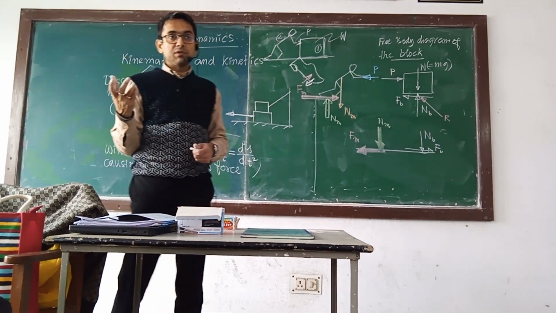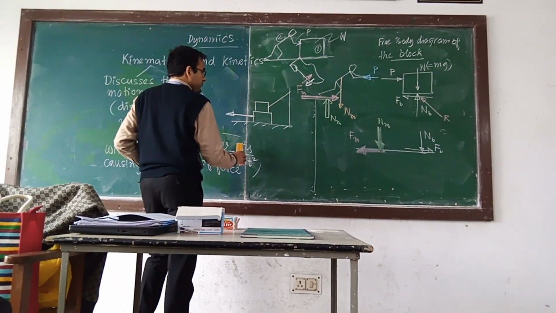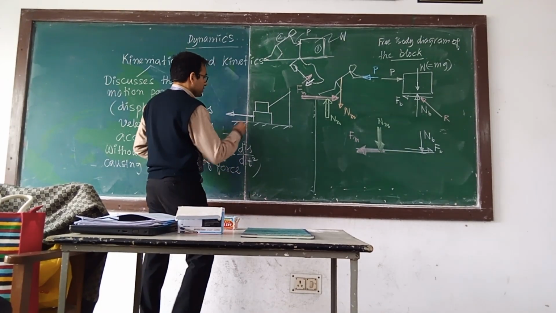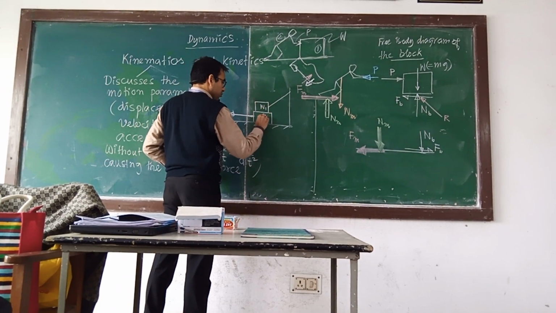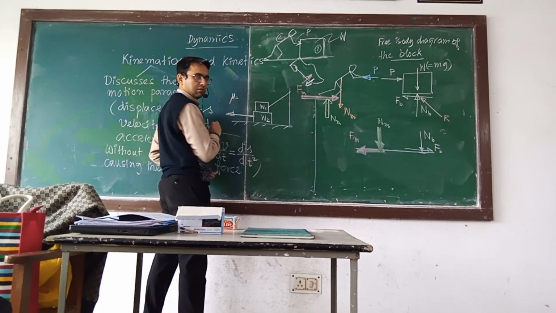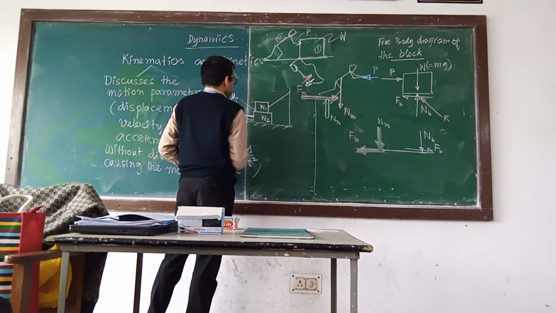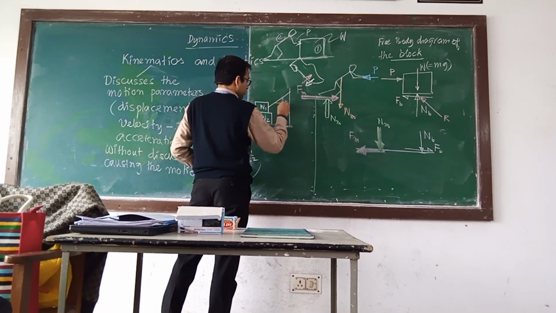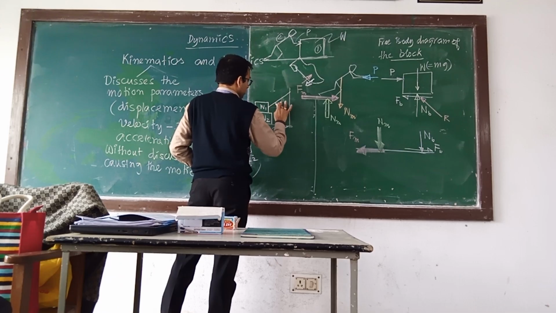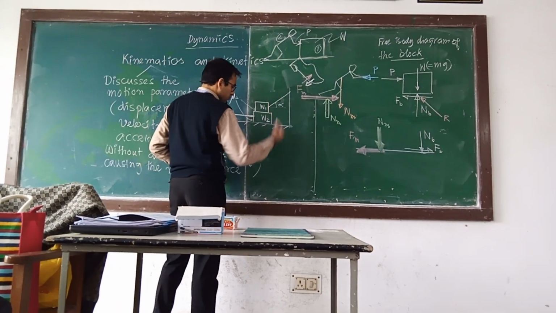During drawing the free body diagram, the third law becomes very important. So say, for example, this is W1 and this is W2, the weights. And the coefficient of friction is mu s for all contacting surfaces. And here there is some angle given, say it is alpha. Okay, so the free body diagram.